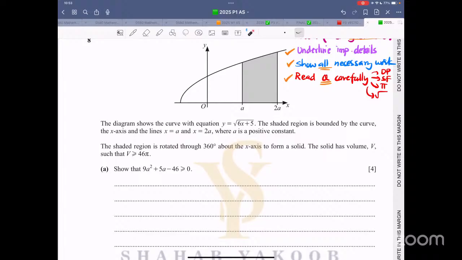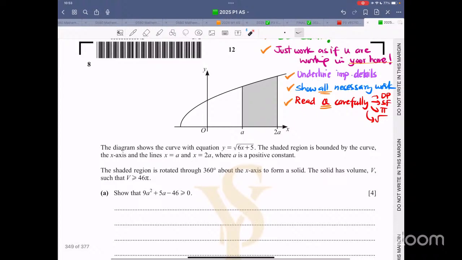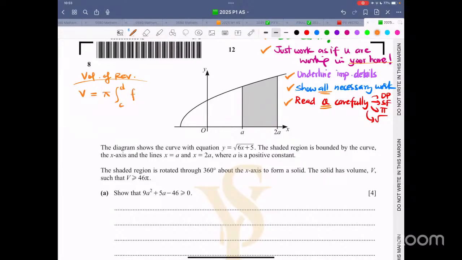Now it says the shaded region is rotated 360 degrees about the x-axis to form a solid. So this thing is about volume of revolution. The official name is volume of solid of revolution. So volume is pi, there should be limits, like c and d, f of x, the whole thing squared dx. That is what you have to do.